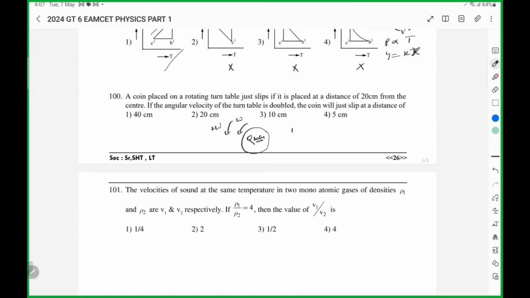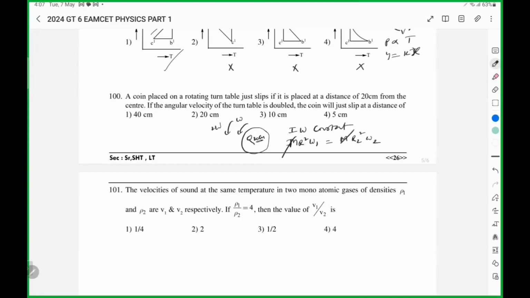So here friction is constant: m r1 omega1 square equals m r2 omega2 square.